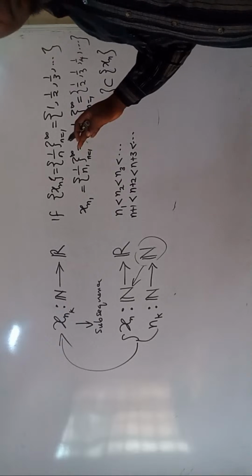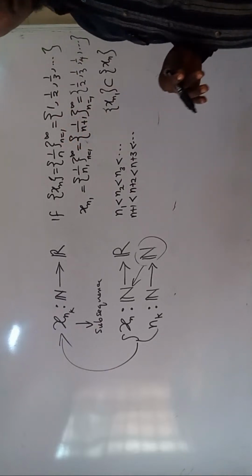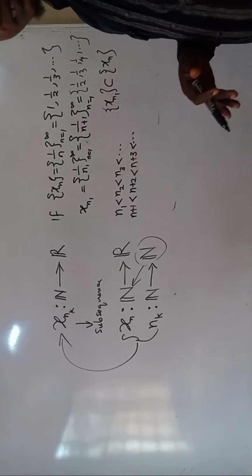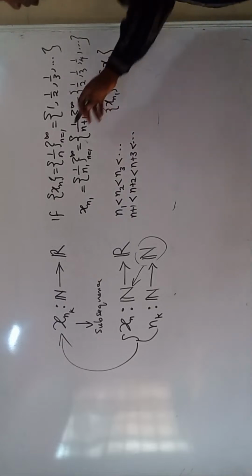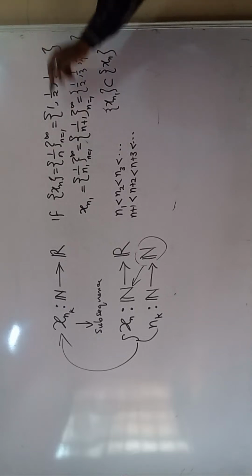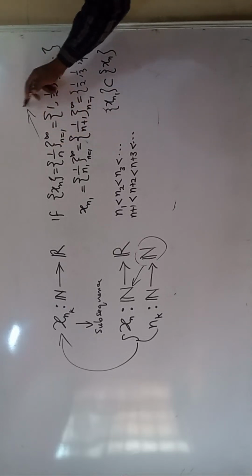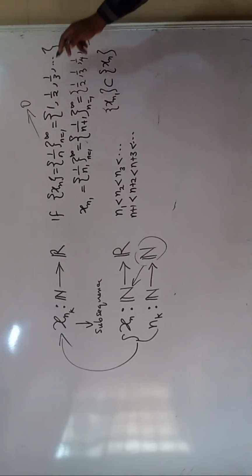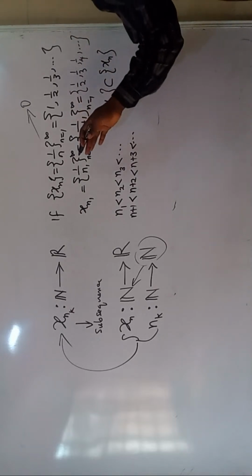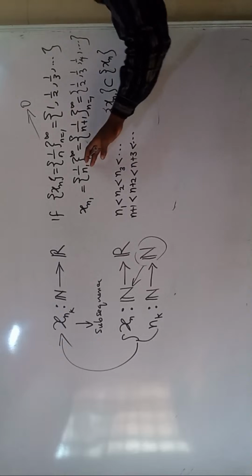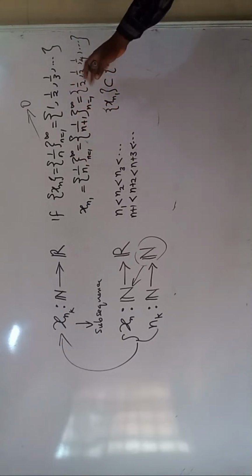So where we are going now is that whatever happens to the sequence of real numbers must happen to its subsequences. For example, what we observe in the sequence is that as n goes to infinity, this sequence goes to 0. As you can see, the sequence here is decreasing to 0. And if this is going to 0, all of its subsequences will also behave the same way.